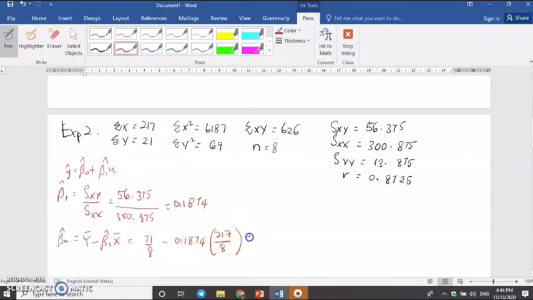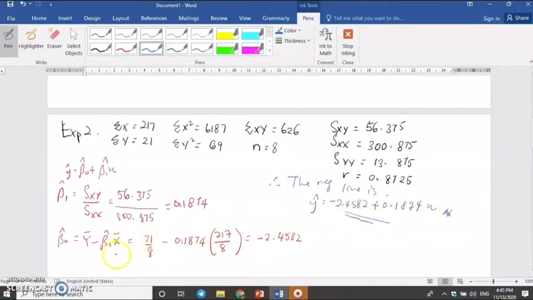So you will get this value, which is equal to negative 2.4582. So the result would be y hat equals to negative 2.4582 plus 0.1874 x. Okay, so you will check that. Hence the regression line is this one. Okay, so we move to the next one.